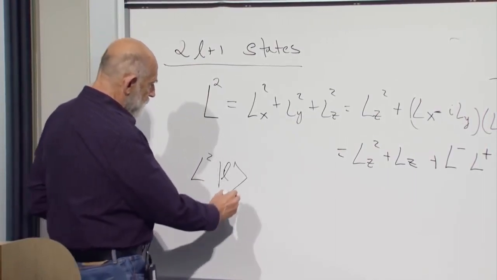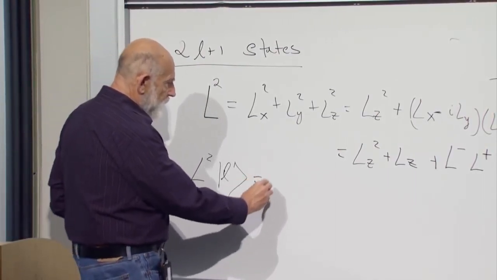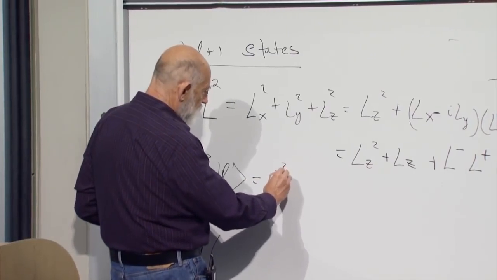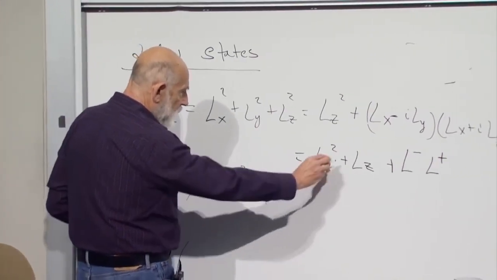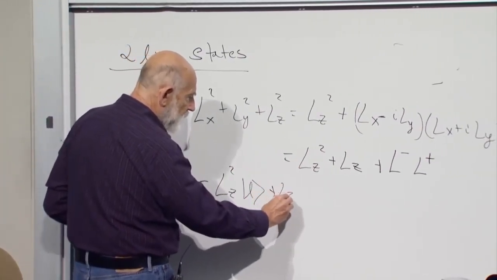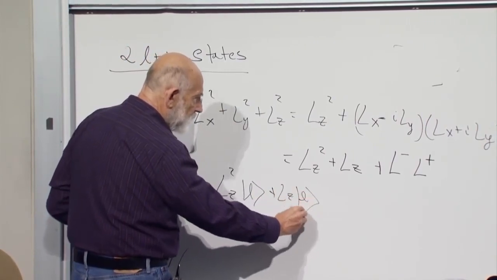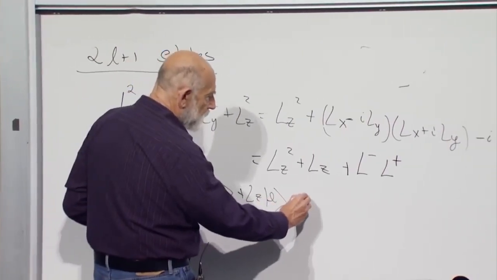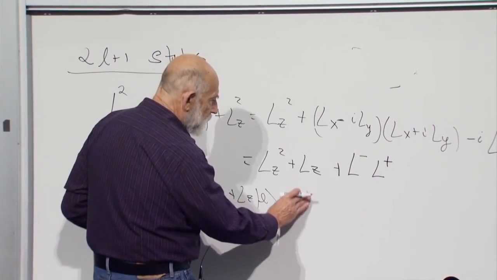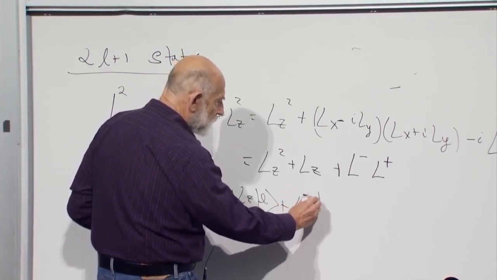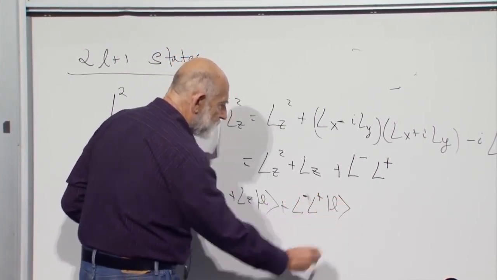What do we get? We get Lz squared on L plus Lz times L plus L minus L plus times L.